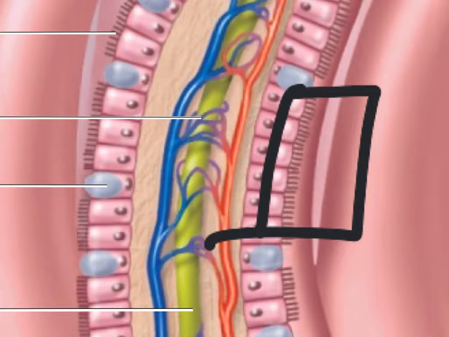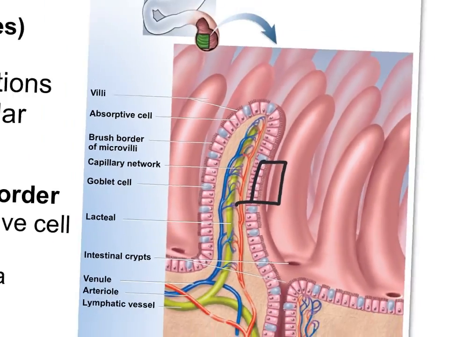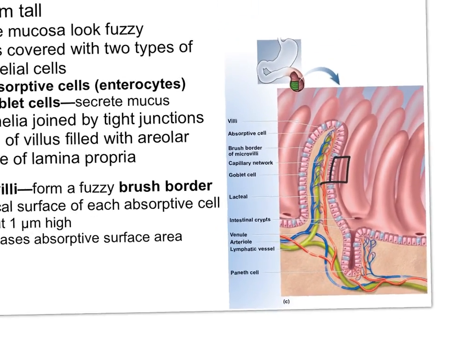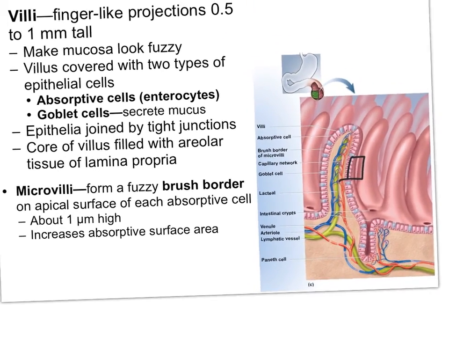And this picture doesn't really give it justice, because it looks like there's like 5 or 6 of them on one cell, when in reality there would be thousands, perhaps tens of thousands of microvilli on each cell. These serve to increase the surface area even more. In fact, I would say that they probably are the thing that increases the surface area the most.